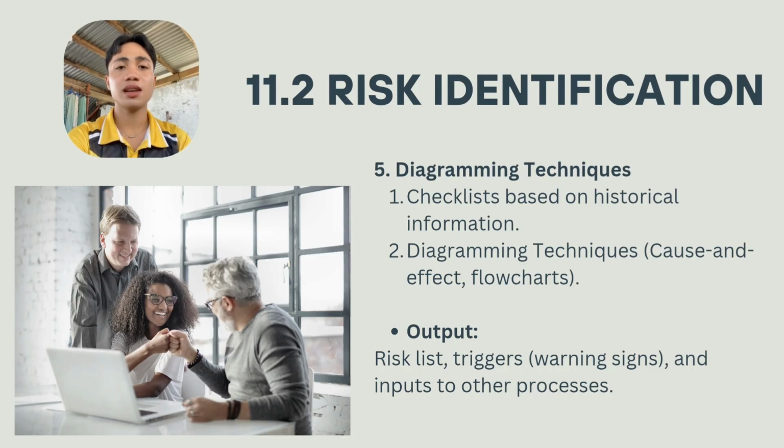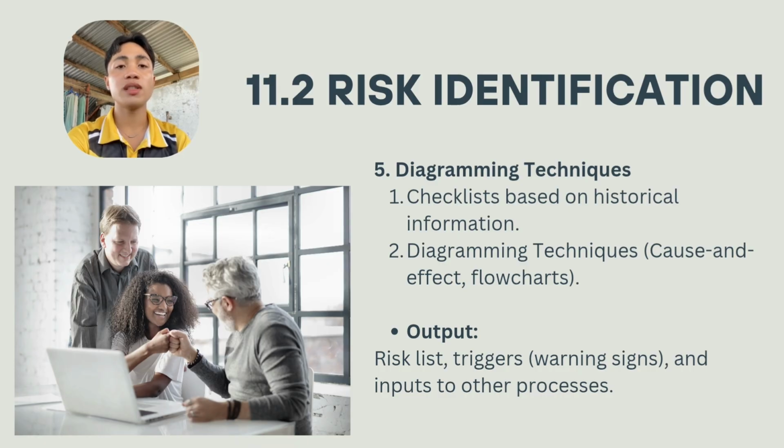So next is outputs from risk identification. So naa siya tulo. So the first one is risk. So ang risk is usa ka uncertain event or situation nga posibleng makaapekto sa project objectives. Mahimong positive man siya or negative ang effect. Second is triggers. So ang triggers kay mga warning signs nga posibleng mahitabo ang risk.